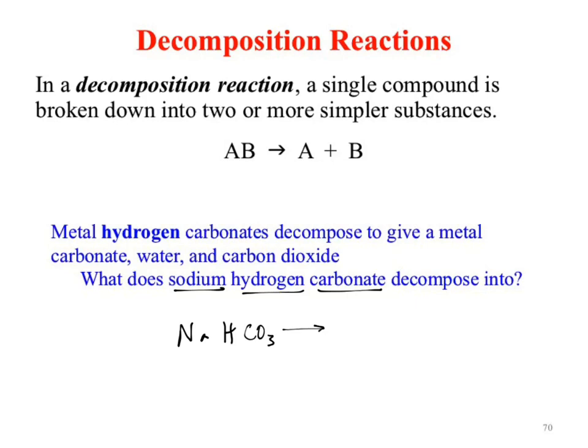What is the metal in this equation? Sodium. So I want a metal carbonate. So sodium with carbonate. It's also going to produce H2O and CO2. I could now go through and attempt to balance this.